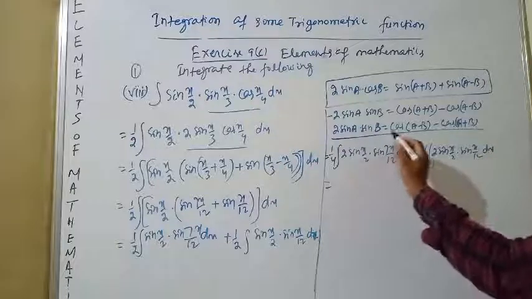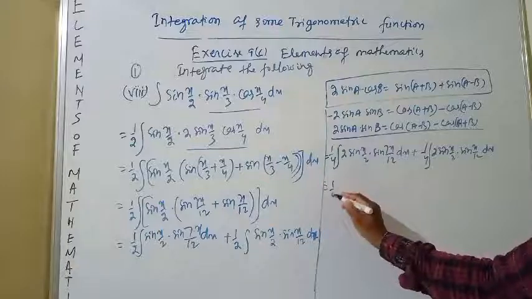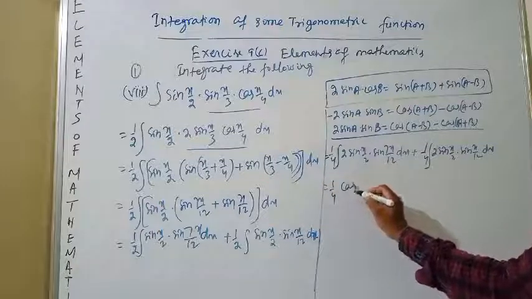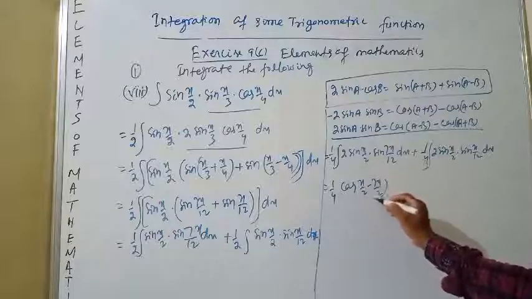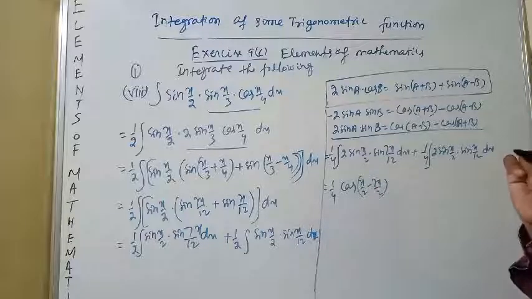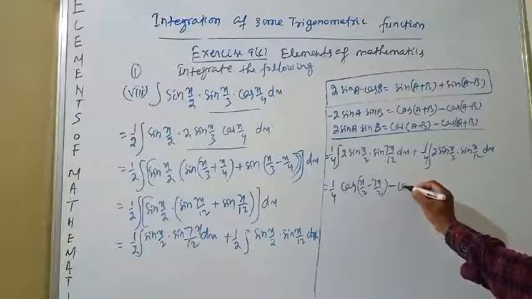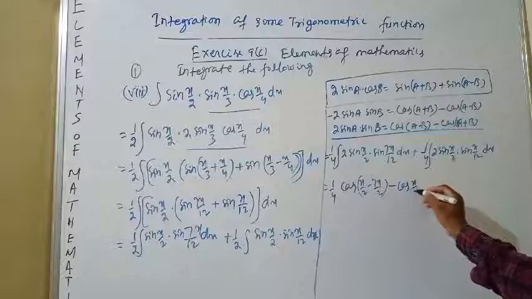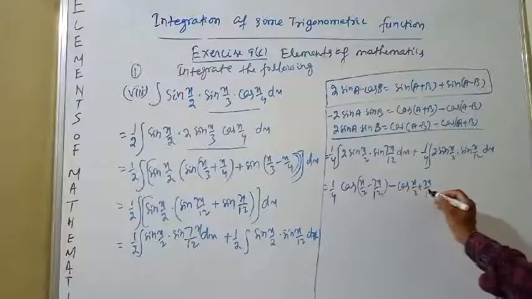Here you use the formula: 1 by 4 cos of x by 2 minus 7x by 12, minus cos of x by 2 plus 7x by 12. Sorry, it is 12, not 2.